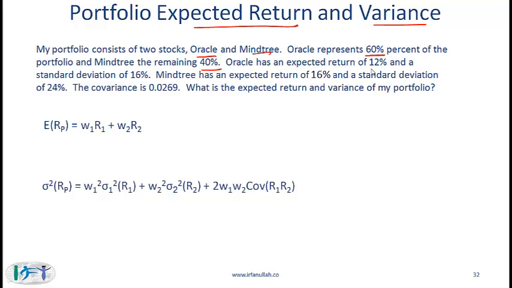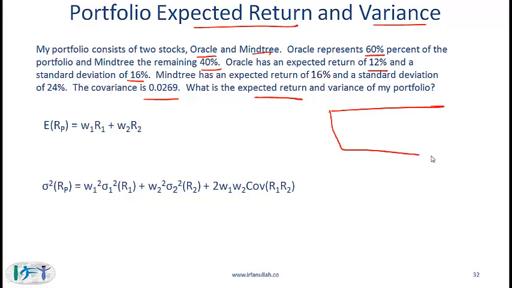Oracle has an expected return of 12% and a standard deviation of 16%. We also have the expected return and standard deviation for Mindtree. We are told that the covariance between the returns on the two stocks is 0.0269. So what is the expected return for the portfolio and what is the variance?